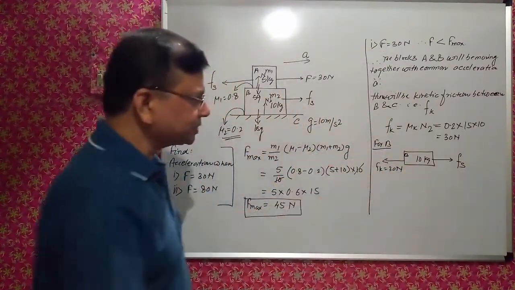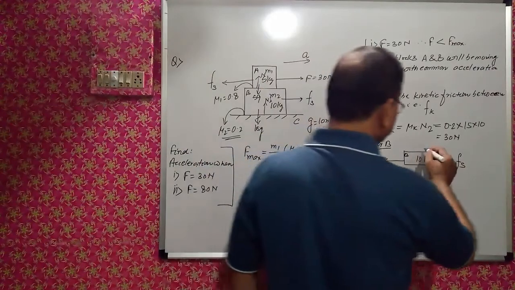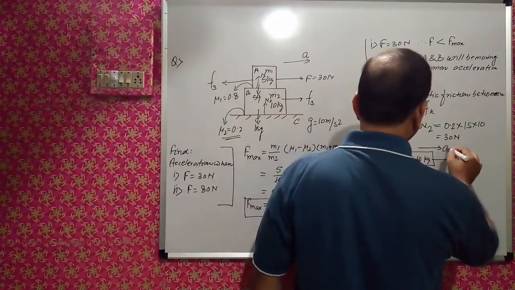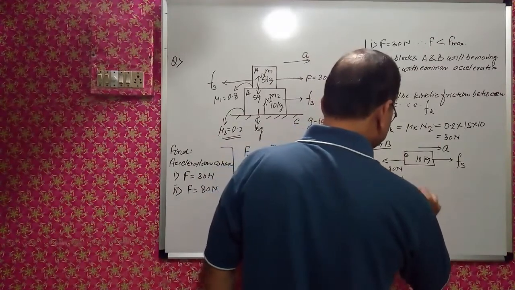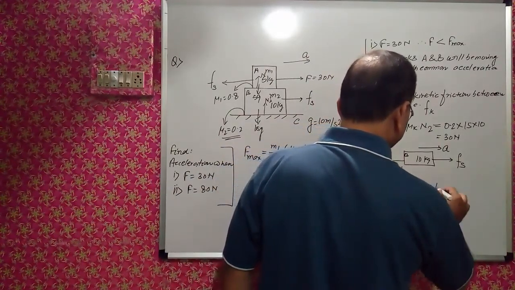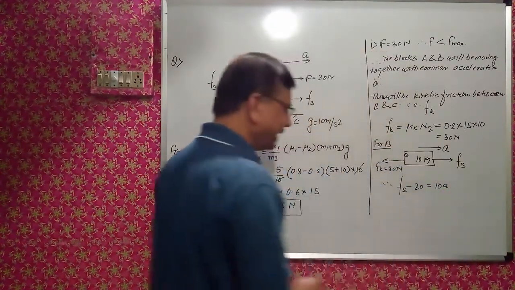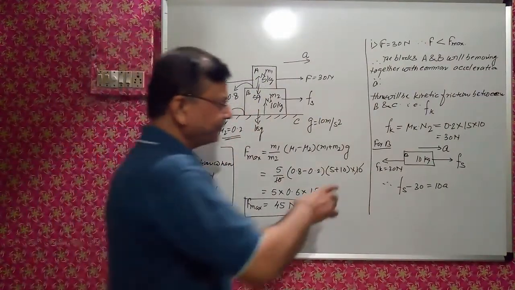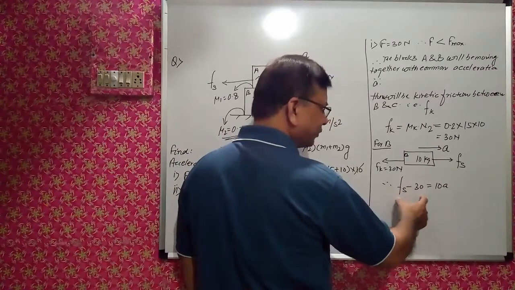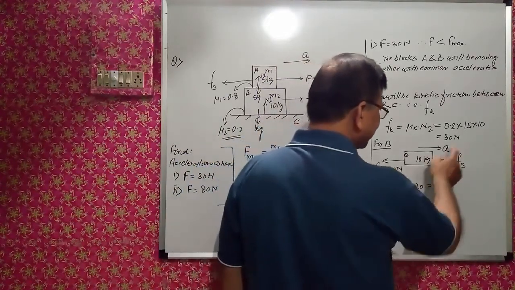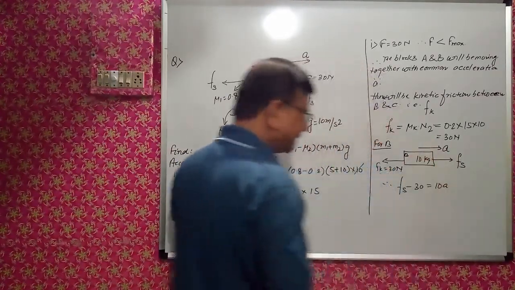And net force will be working in this direction because acceleration is there in this direction. Therefore, Fs minus 30 is equal to 10A. Fs in this direction, Fk in this direction, Fs minus 30 is the net force. This will create the acceleration A, that is 10 into A.